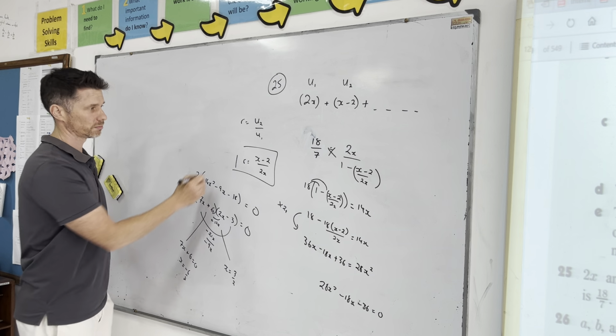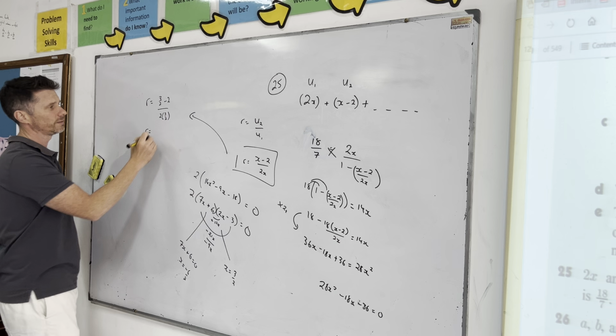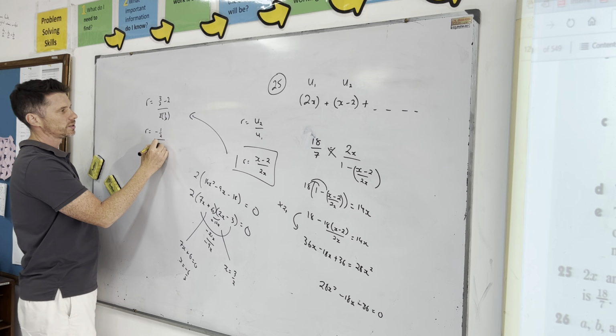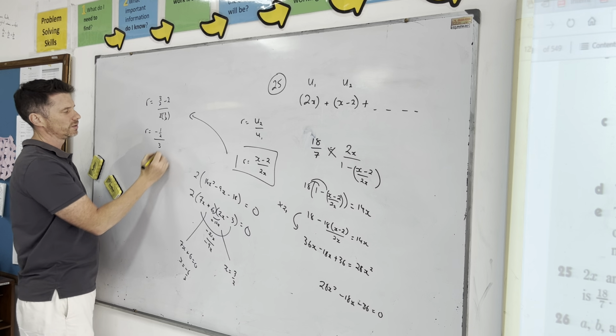Let's do 3 over 2 minus 2 all over 2 times 3 over 2. This one was the easier one to work with, so I'll do that first. So 1.5 take away 2, negative half. And 2 times 3 is 3. Negative 3 over 2.